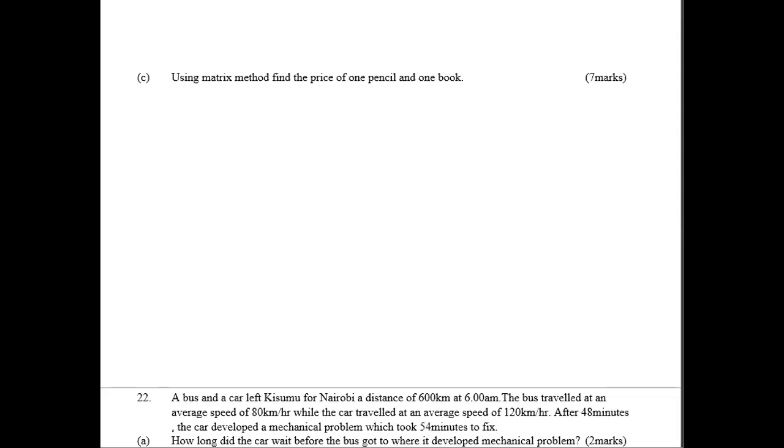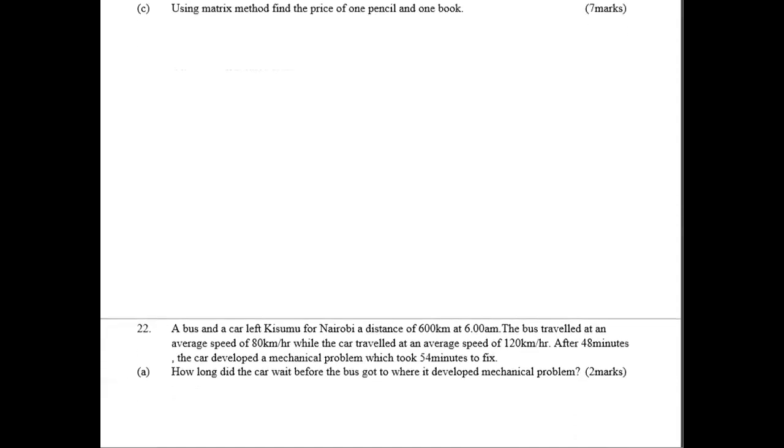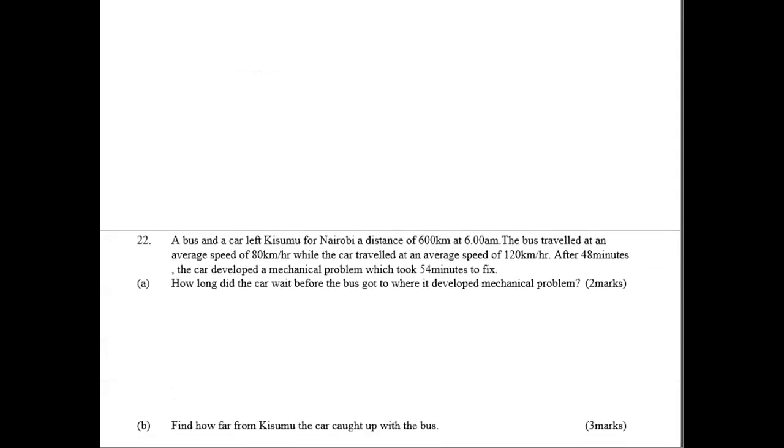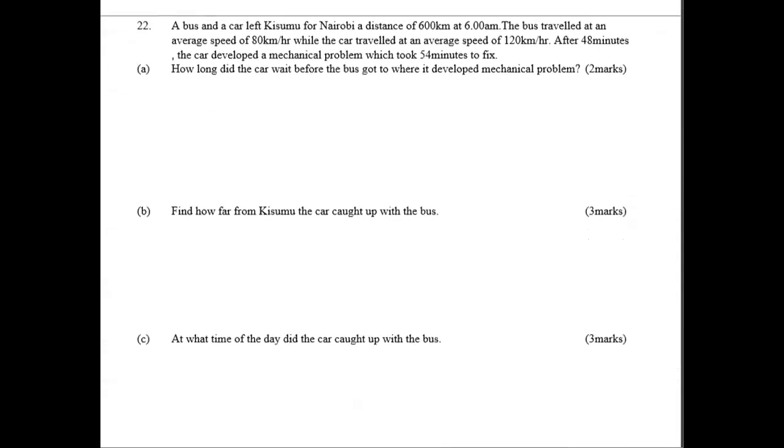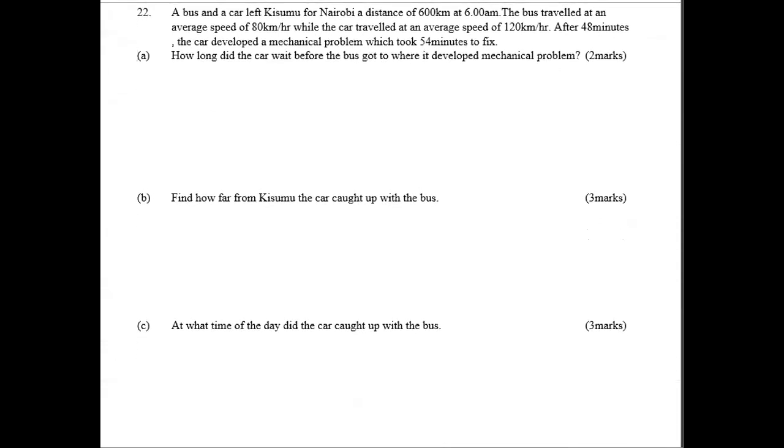In 48 minutes, 48 over 60 times 80 kilometers per hour, the bus covers 64 kilometers. Then 120 times 48 over 60, the car covers 96 kilometers. So in between them, there was already a difference of 32 kilometers.